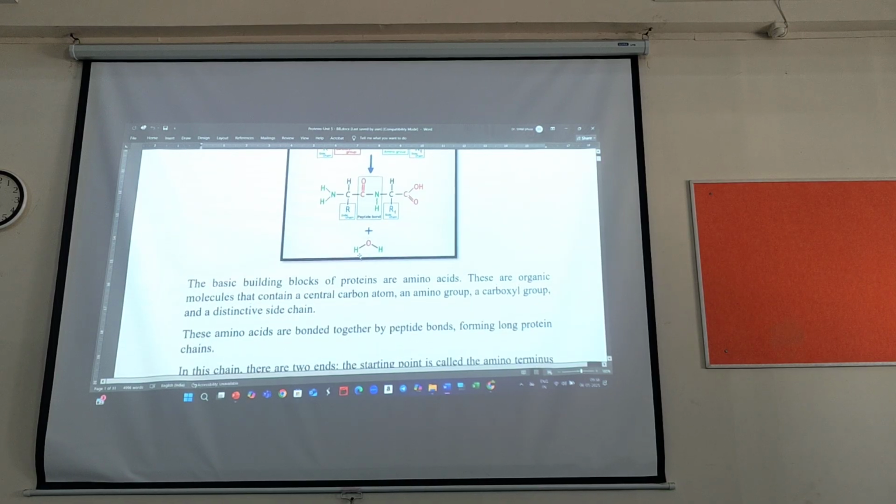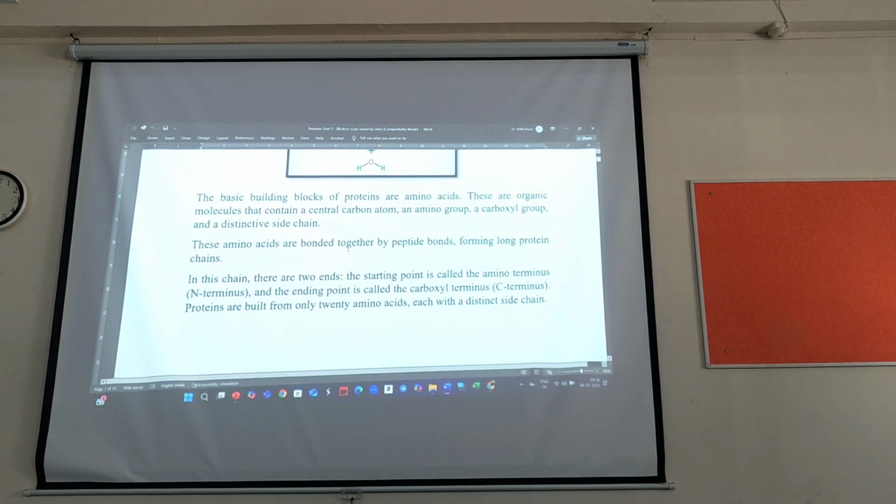The basic building blocks of proteins are amino acids. These are organic molecules that contain a central carbon atom, an amino group, a carboxyl group and a distinctive side chain. Distinctive means it may be different, depending on the protein structure. These amino acids are bonded together by peptide bonds, forming a long protein chain.